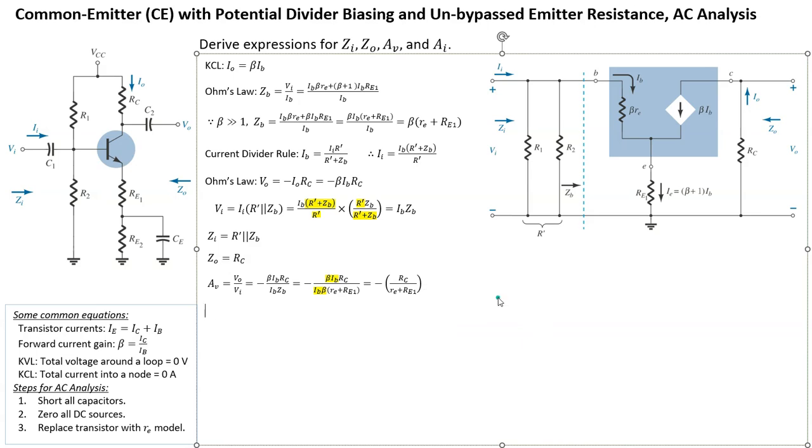And finally, the current gain, AI, is similarly defined as the output current, IO, divided by the input current, II. We have an expression for IO, that's this one here, all divided by II, which we also have an expression for.